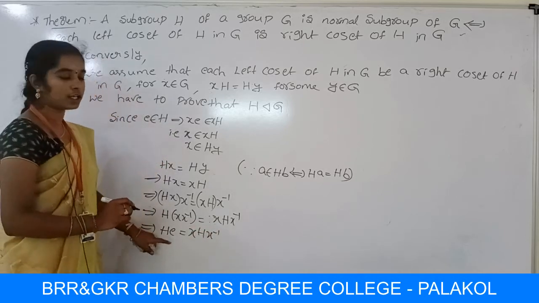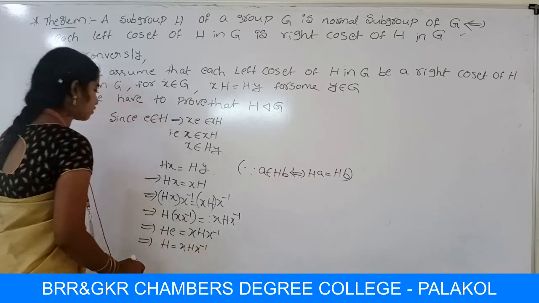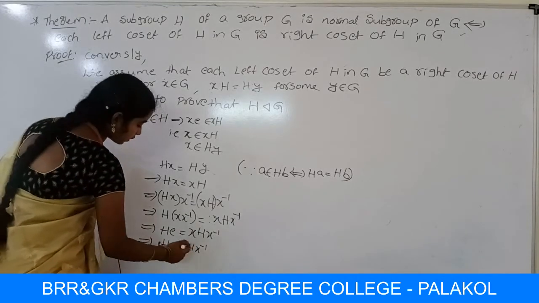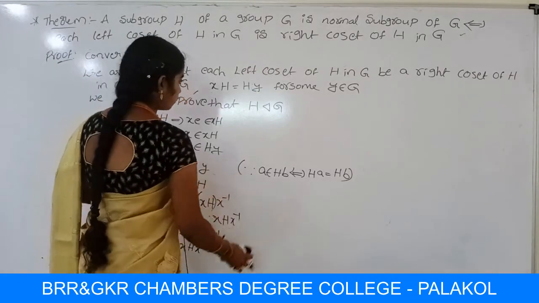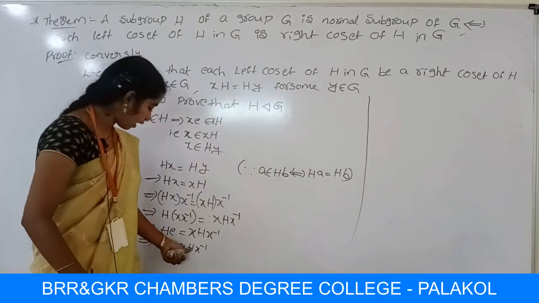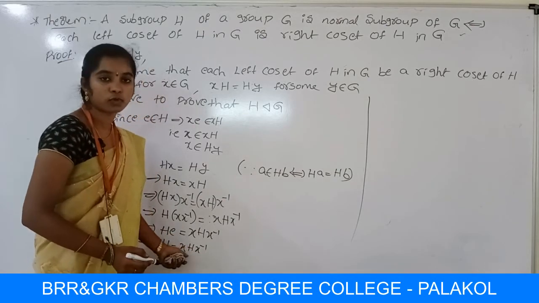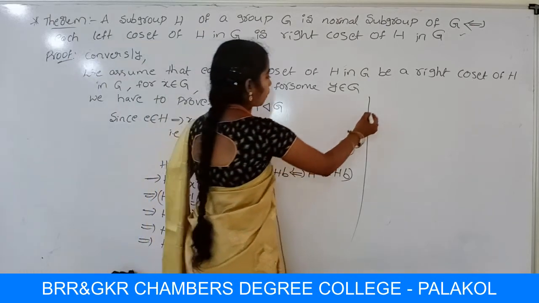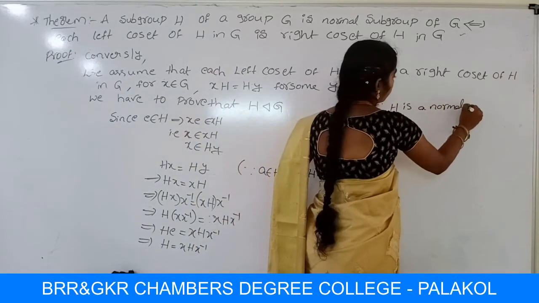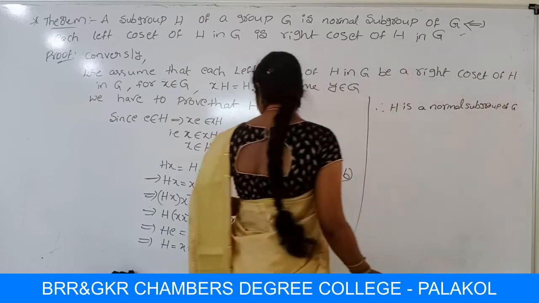E is the identity element. So H is equal to XHX inverse. XHX inverse belongs to H. So that means H is a normal subgroup of Z. So therefore H is a normal subgroup of Z.